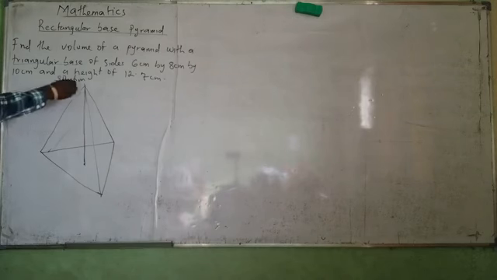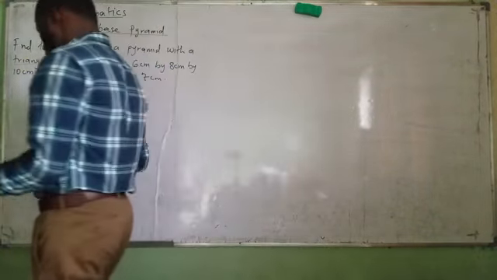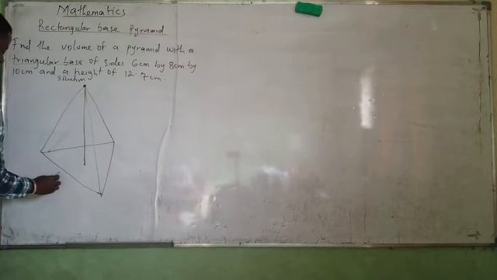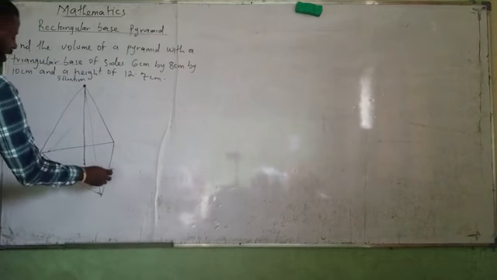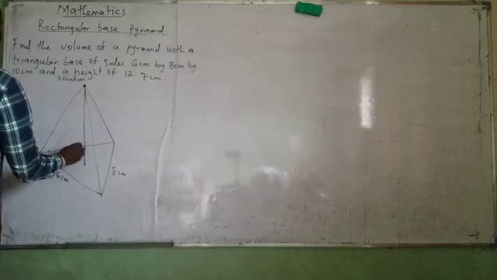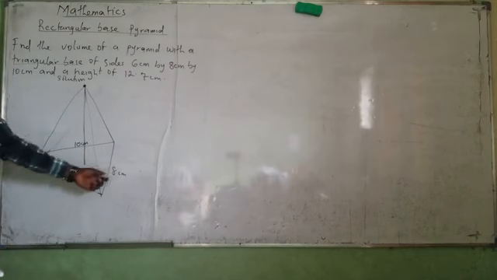Don't forget, it's a pyramid because it has only one vertex. Very, very important. Now, we are talking about the base of 6 centimeter, 8 centimeter, and 10 centimeter. Now, this is a triangle that has all the sides.